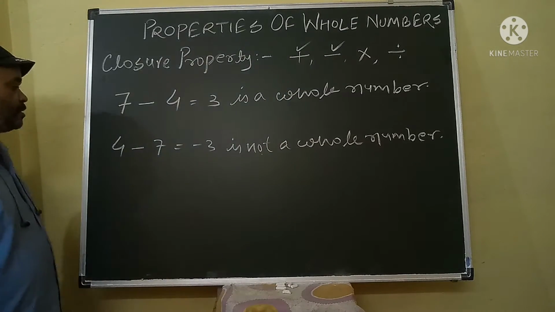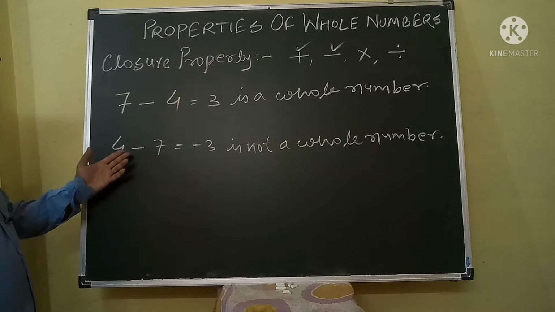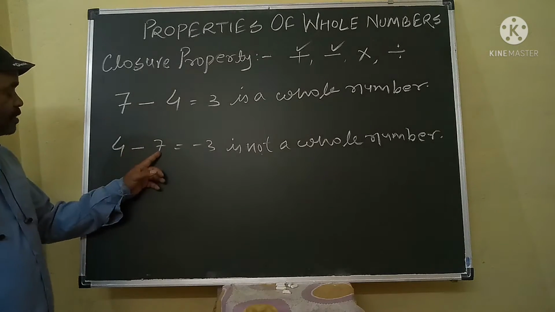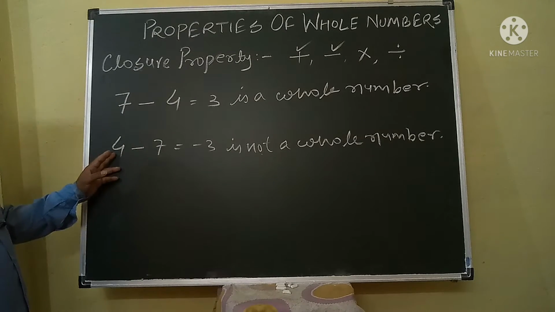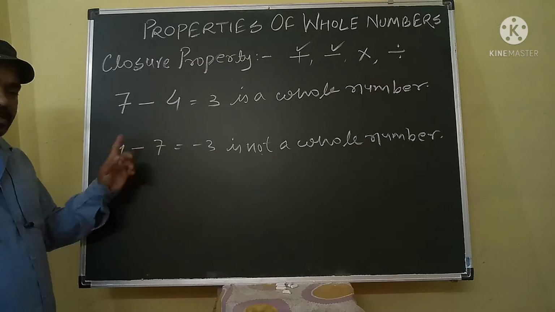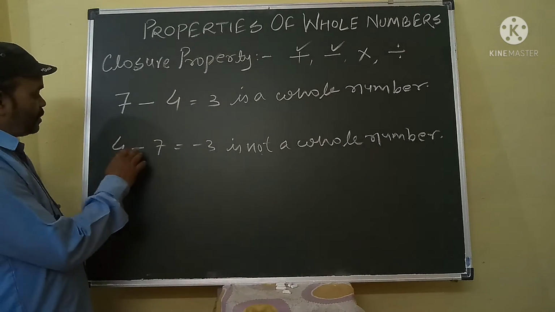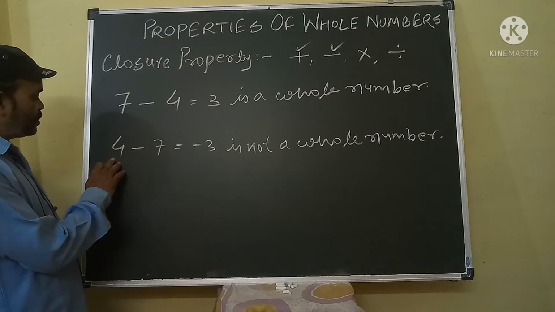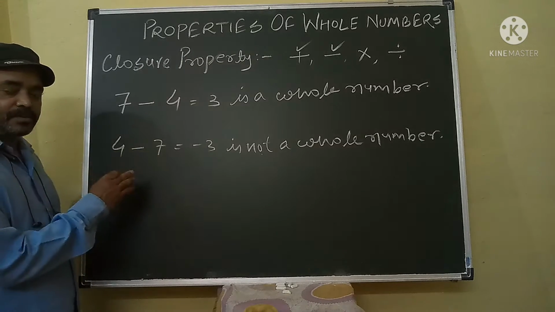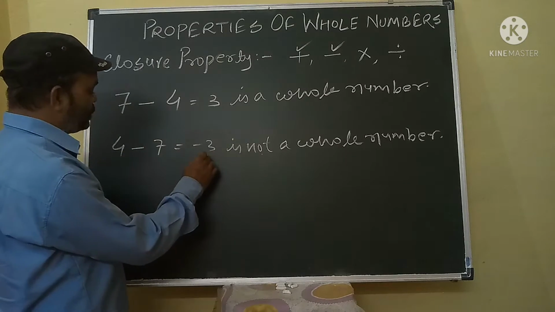But in the second example, you subtract the bigger number from the smaller number. 4 is the smaller number, 7 is the bigger number. Then what you will get? 4 minus 7 is equal to minus 3.